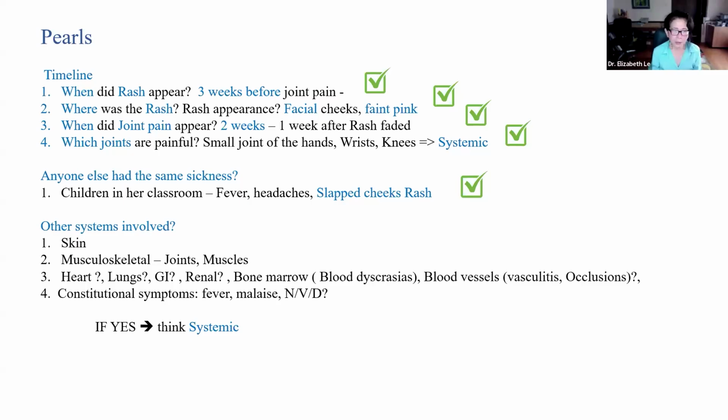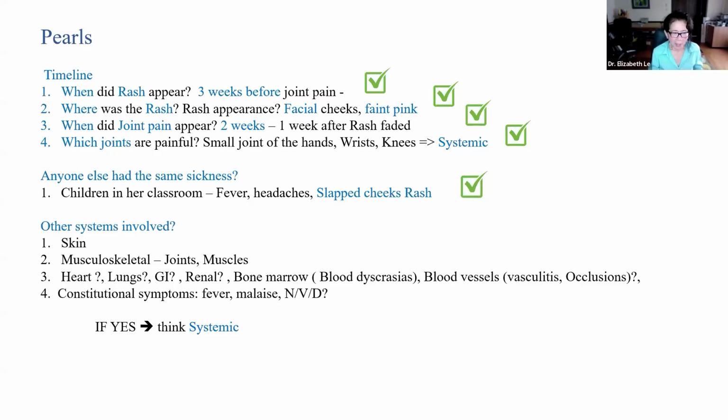And then the next question is, are there other systems involved? Definitely, she has a skin rash. Secondly, musculoskeletal: she had joint pain in small joints, the hands, her wrists, her knees. And then what else? How about the heart, lungs, GI, renal, bone marrow, like blood dyscrasias, blood vessels, like vasculitis or occlusion?